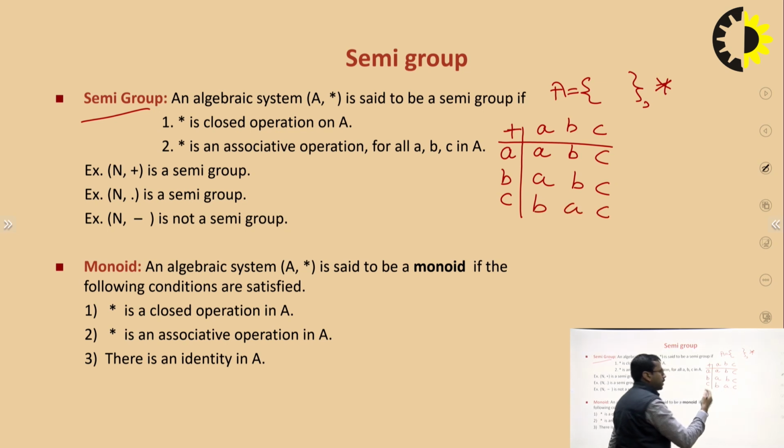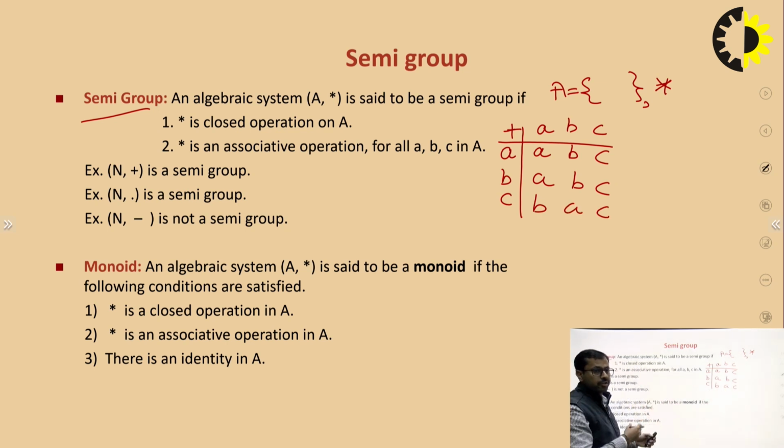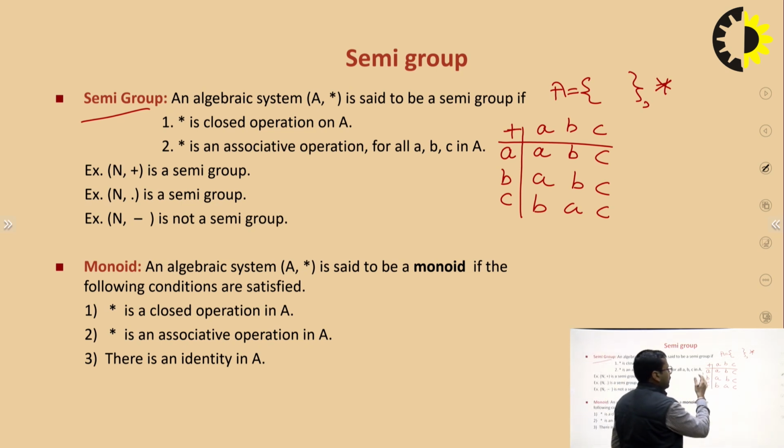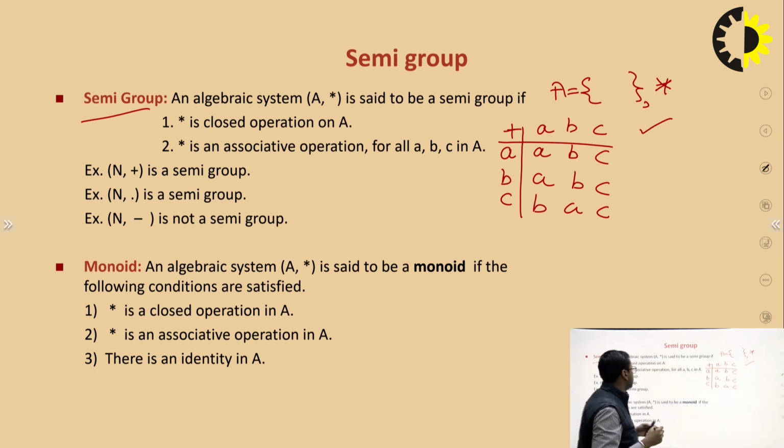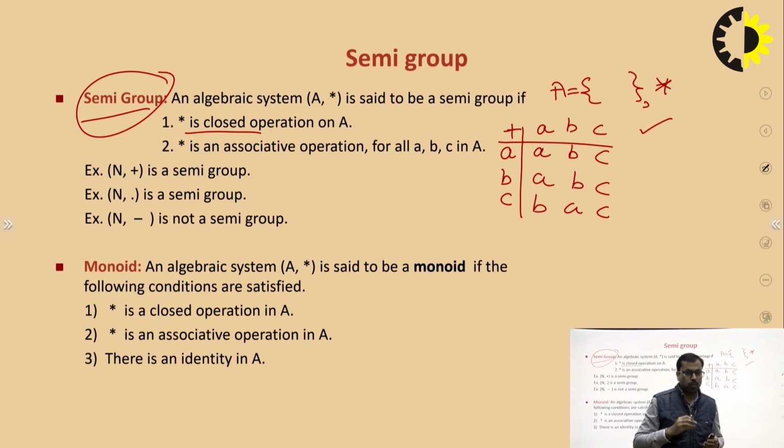After applying the binary operation on the algebraic structure, if all the resulting values also exist in that set, then we can say it is closed, that it is a closed operation on the set A.